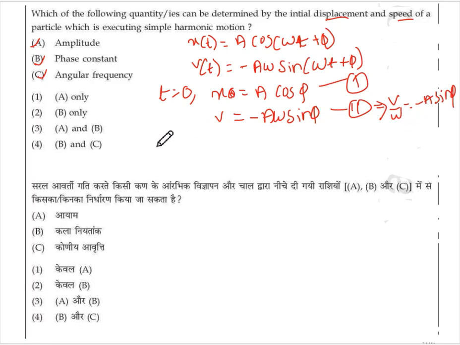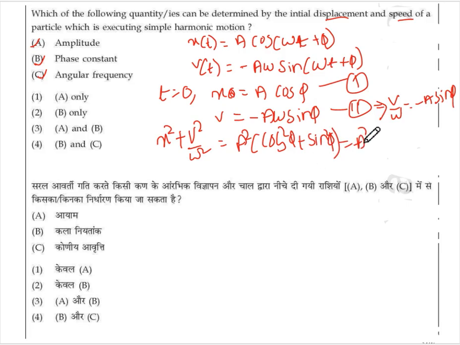Now add equations 1 and 2, it will be x square plus v square by omega square. Taking a square as common, it will become cos square phi plus sine square phi, which is 1, so it will become a square. That implies a will become root over of x square plus v square by omega square.